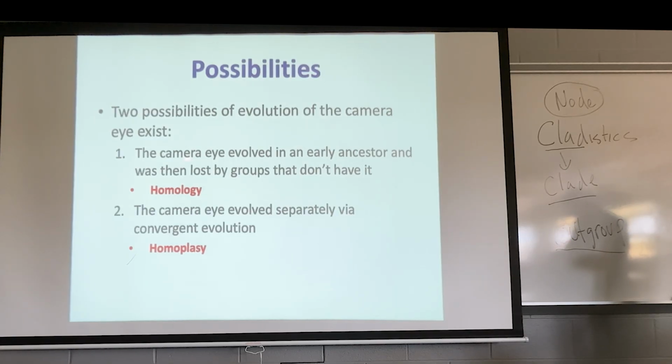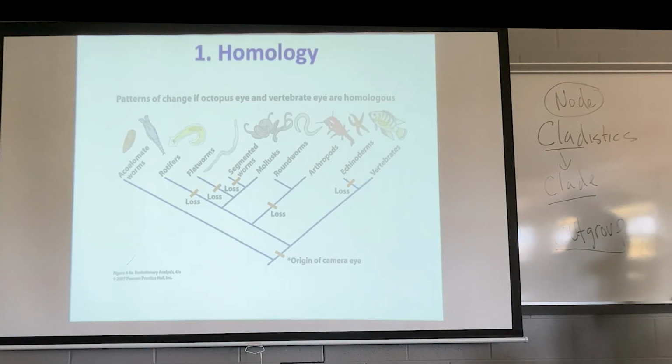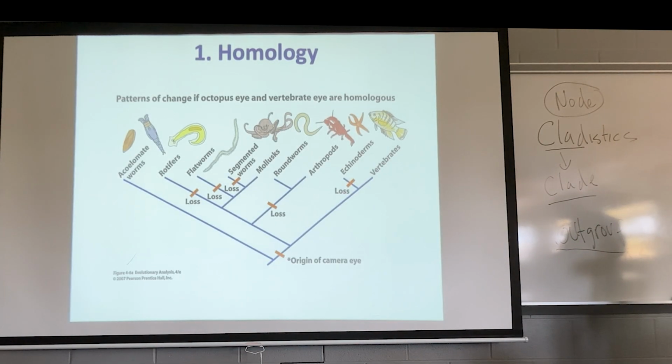Which means that it would have to have been lost by several groups. That would be possible, but probably not probable. The other hypothesis: the camera eye evolved separately between two groups because of convergent evolution or environmental constraint. That's homoplasy, right?